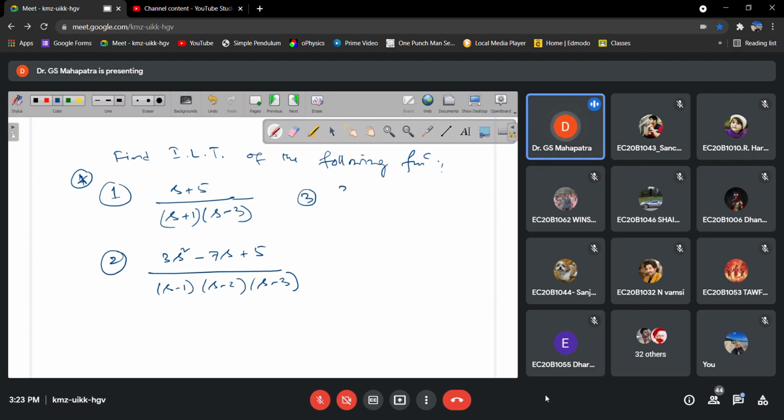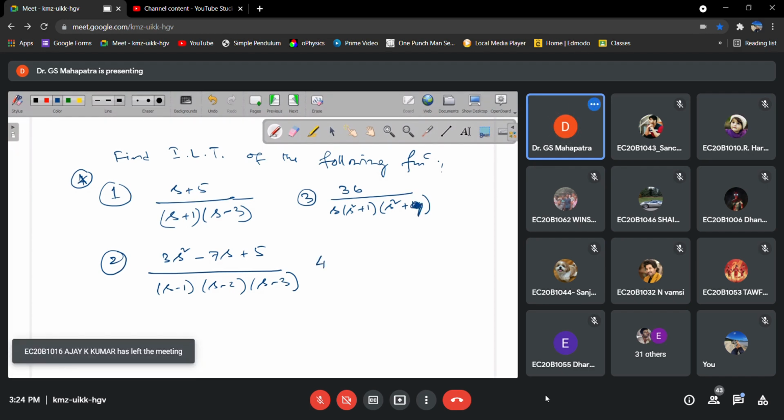36 divided by s into (s square plus 1) into (s square plus 16). Oh, sorry, s square plus 3 square, means 9.